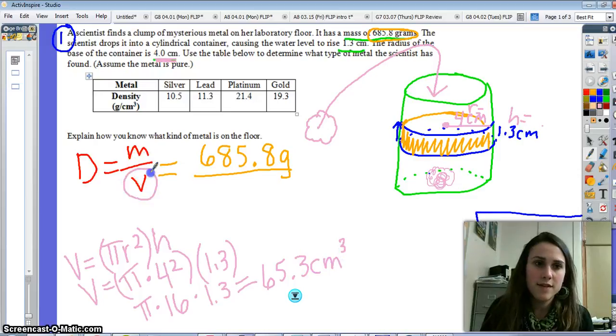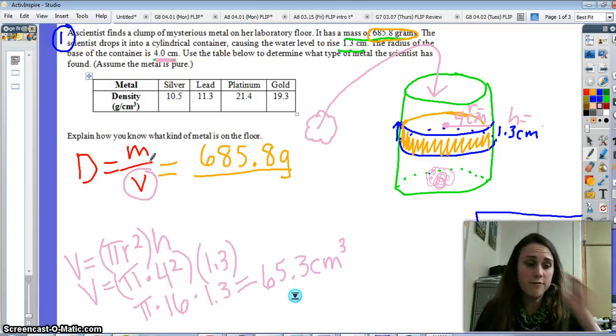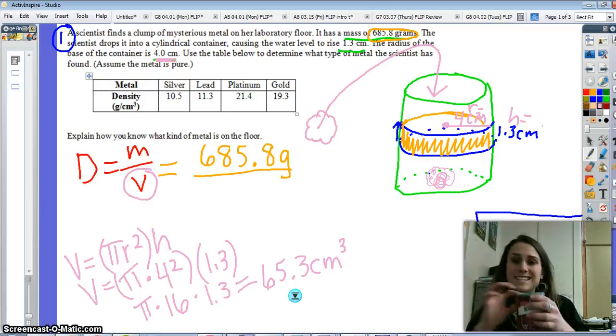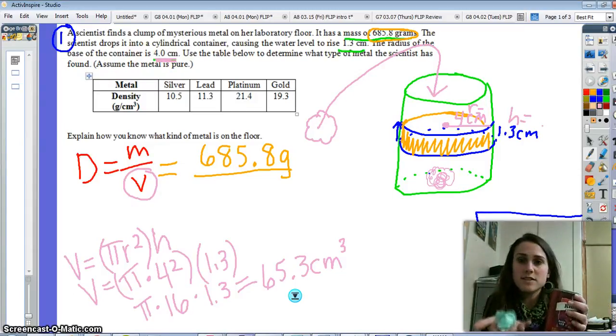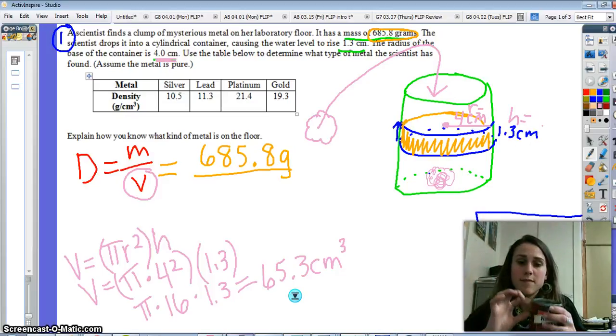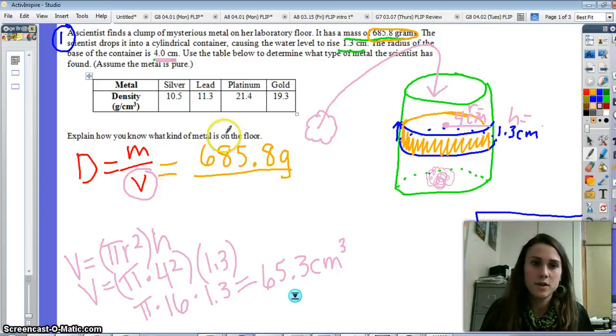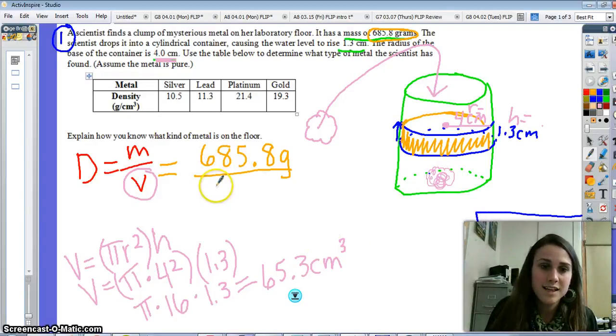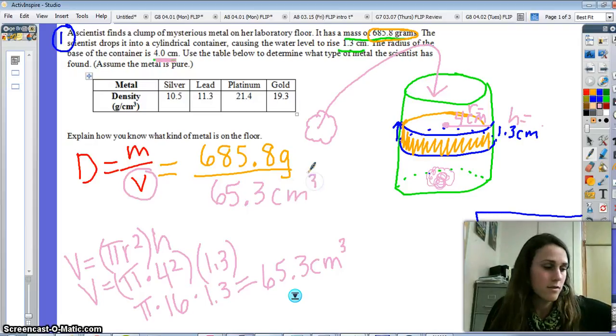So the volume of that displaced water, remember, the volume of that disk of water corresponds to the volume of this clump of metal. It's like when you get in the bathtub. Pretend this is you getting in the bathtub. The level that the water rises, the volume of that disk, is equal to your body's volume. Same with this clump of metal. So if the volume of this disk is 65.3 centimeters cubed, so is the volume of the metal that we drop in.